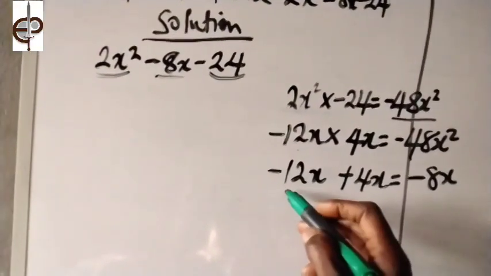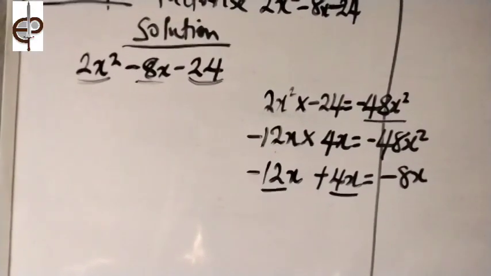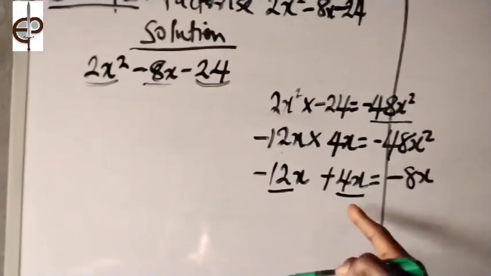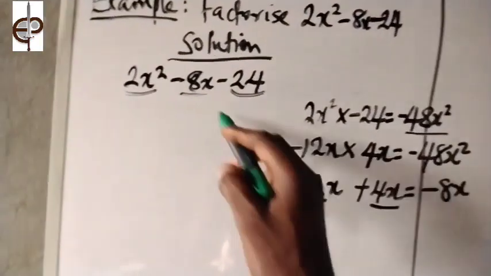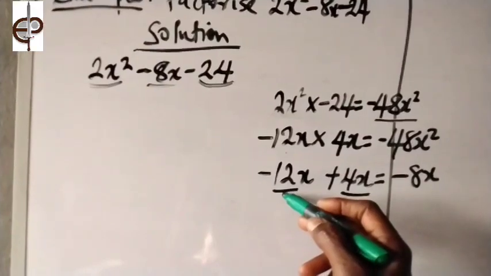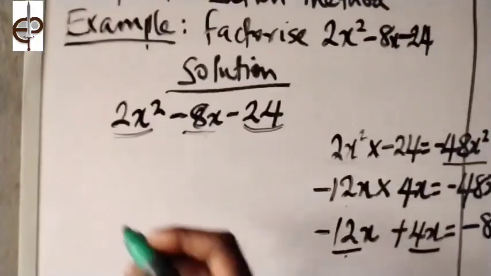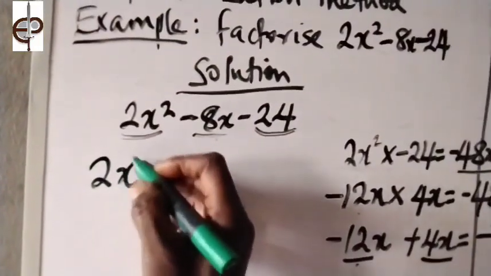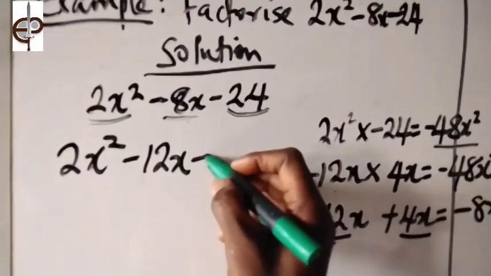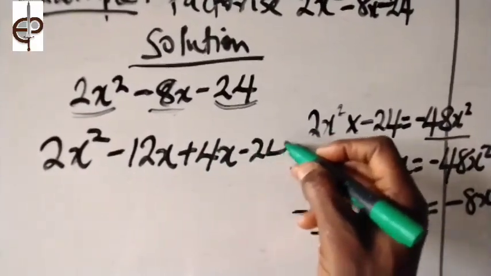So these two terms satisfy the condition required for them to be used as terms in the equation. Then we are going to use both to replace minus 8x. And then our equation will become 2x squared minus 12x plus 4x minus 24.